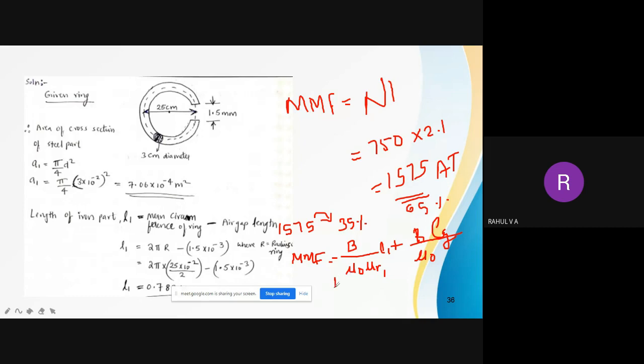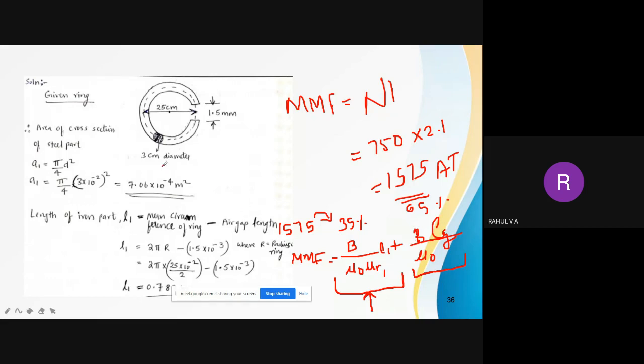So this is the equation of MMF for the iron part, and the second one is the equation for MMF in the air gap. If 35% of total MMF is given to the iron part, then the remaining 65% is for the air gap.